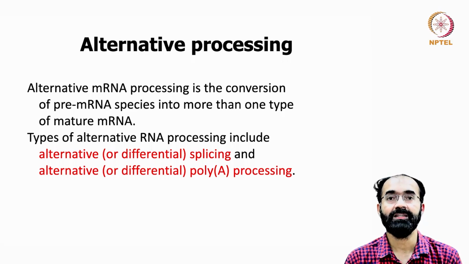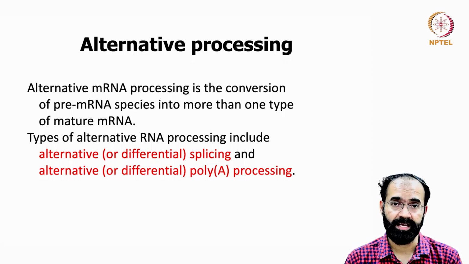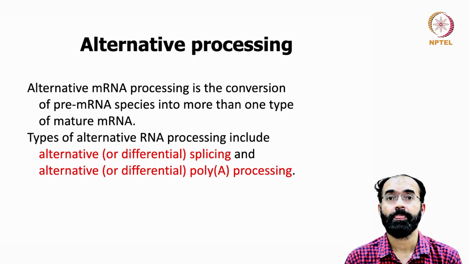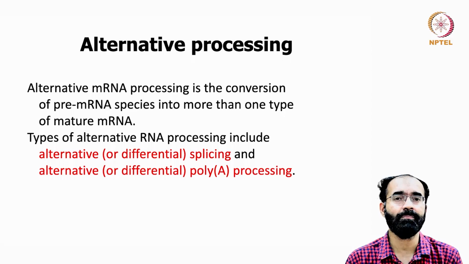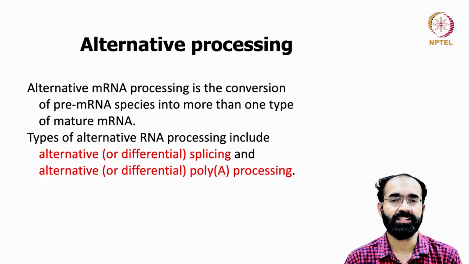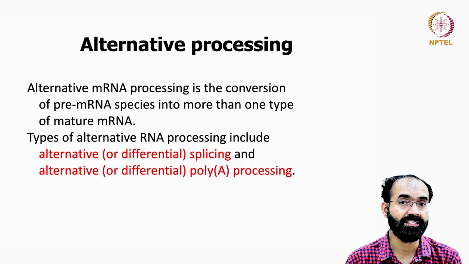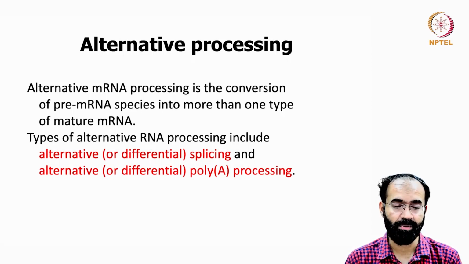It is believed this alternative way of producing different types of protein could be the only way in which you can have a variety of proteins. Just like remember the Swiss Army knife example which I gave in the previous class, you are able to perform multiple tasks with one mRNA. Means multiple proteins can be produced with one mRNA.